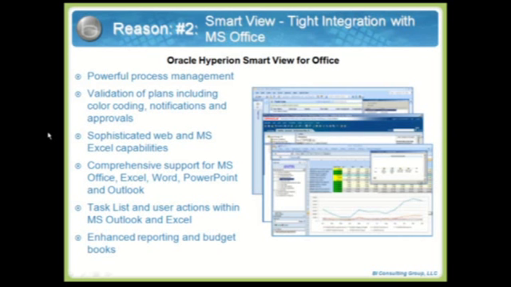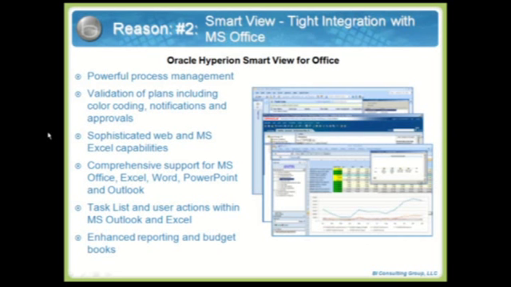Another nice feature is the ability to utilize task lists. In prior releases, task lists were only utilized within the planning web. We now have that within Outlook as well as Excel. And generally, enhanced budgeting and reporting books are available.